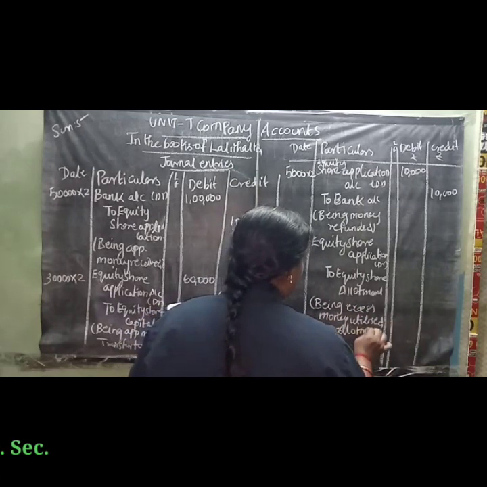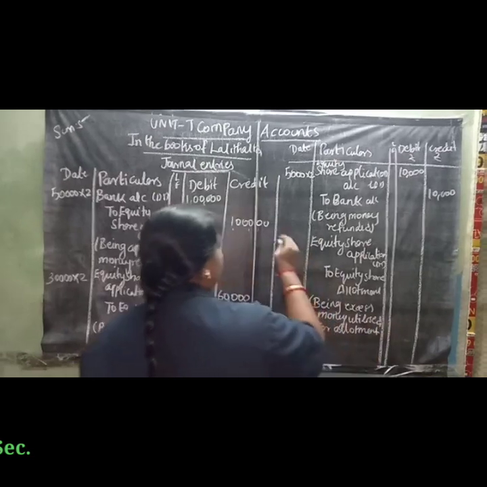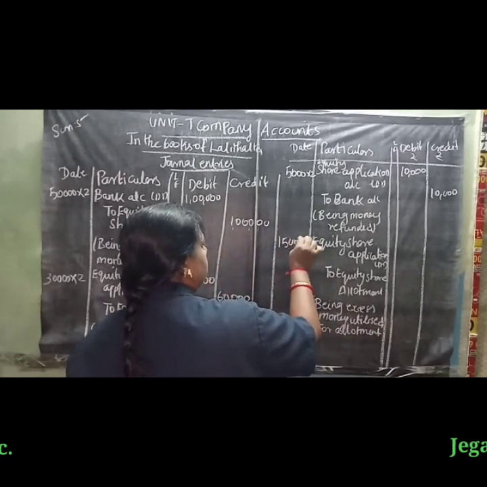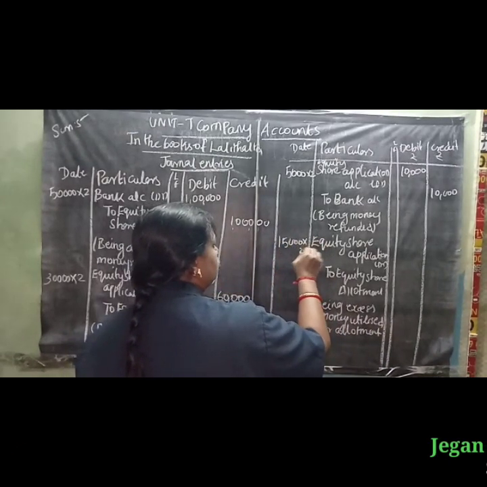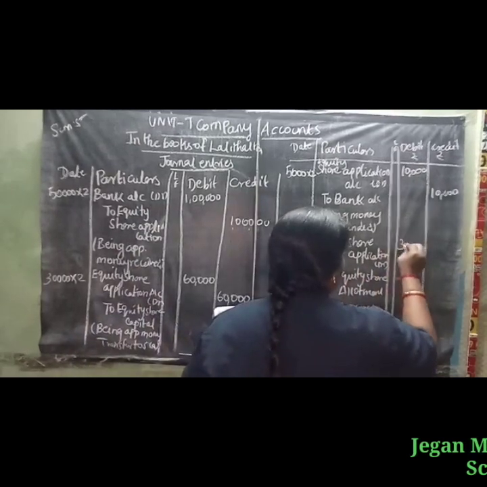What is the excess amount? 15,000 shares into 2 rupees, 30,000.